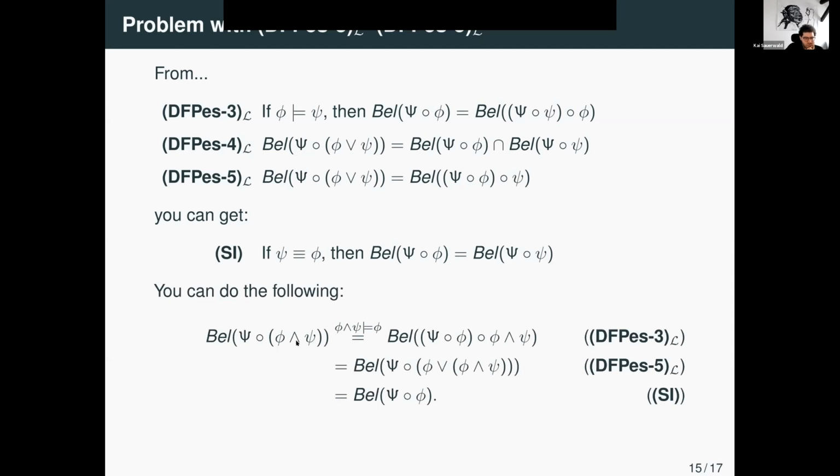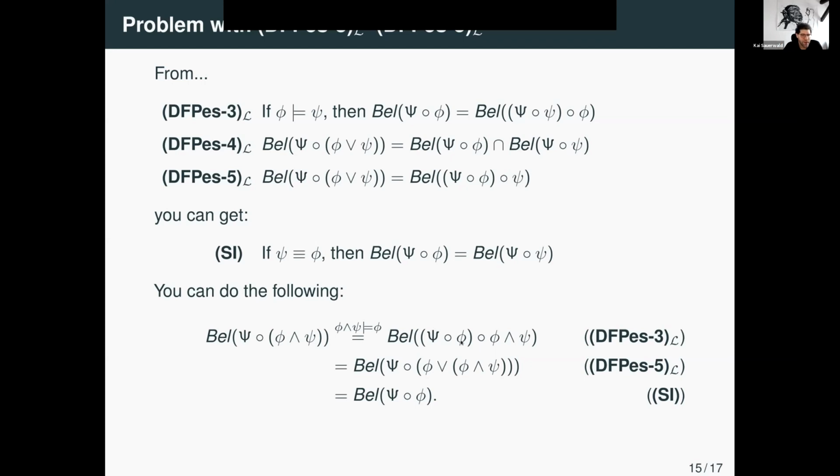When you have a conjunction, you can apply DFPS3: every conjunction implies its conjuncts, so you can forget this one beforehand and it has no influence.